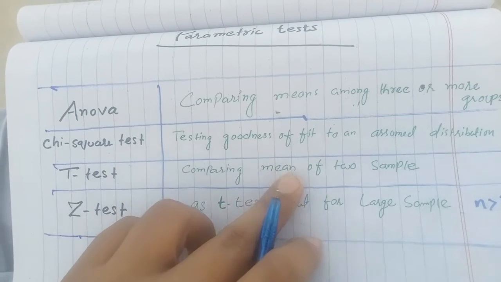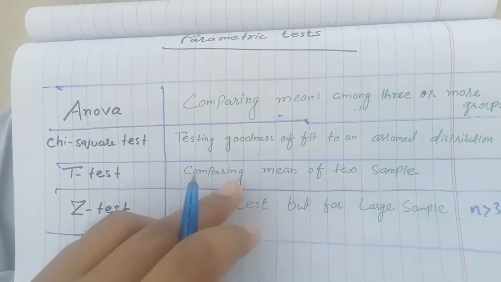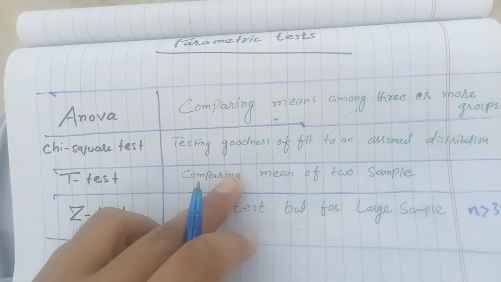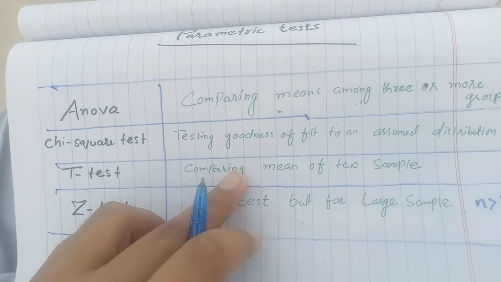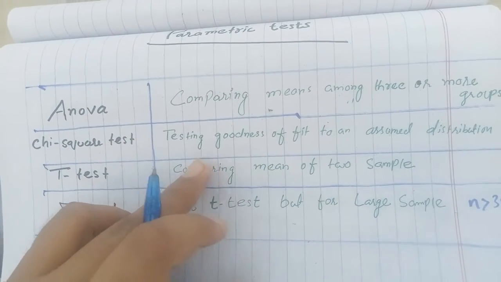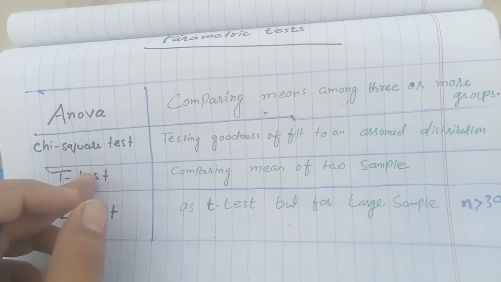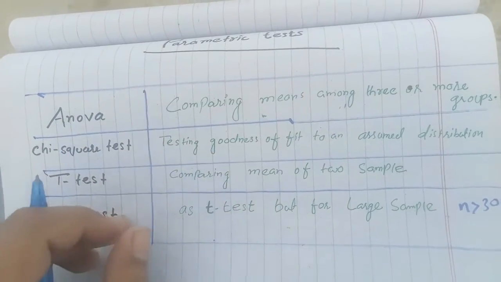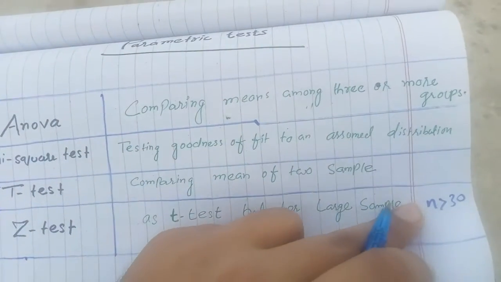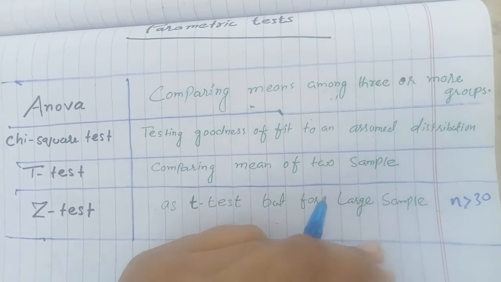We check the mean of one sample or two samples, with a small number of samples. There can be one, there can be two. And the z-test is similar to the t-test, but in a z-test we use a large number of samples, greater than 30.